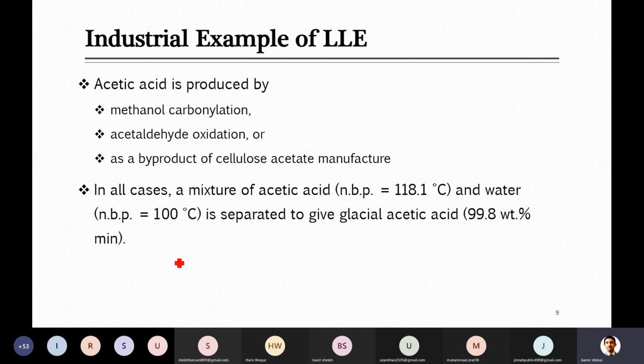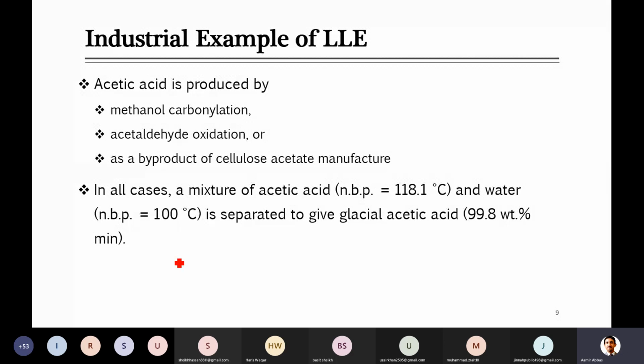And you know that the normal boiling point of water at atmospheric pressure is 100, and for acetic acid it is almost 118 degrees C. So for the applications where you have to use acetic acid, we need pure acetic acid of 99.8%, like minimum its concentration should be 99.8%, and 0.2% will be some other impurities, for example water or other, and that is named as glacial acetic acid.